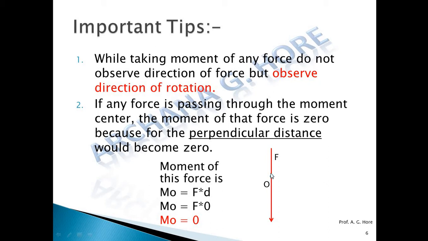For example, here if we want to take this force's moment about point O, the force is passing through O, so its perpendicular distance is 0. That's why the moment about O, F into D, where D is 0, is 0. So keep it in mind while solving the numericals.